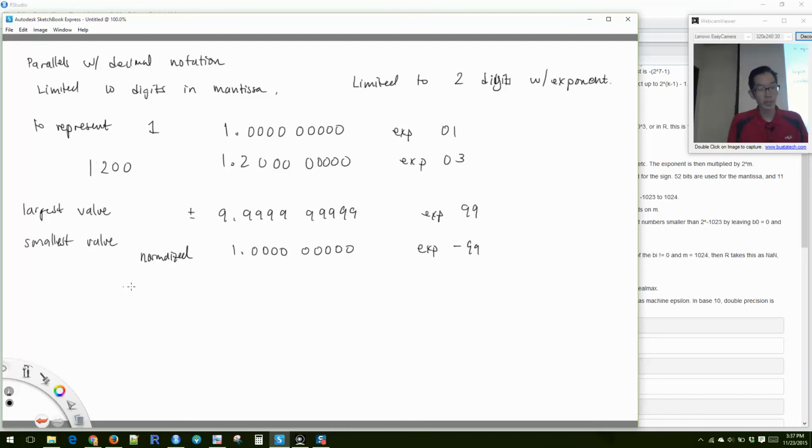We can have an even smaller value than this, which would be non-normalized: 0, 0, 0, 0, 0, 0, 0, 0, 0, 1, exponent negative 99. So you can have a normalized smallest value, but also a non-normalized smallest value.